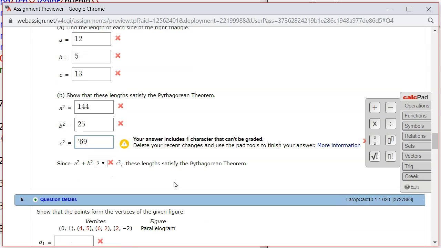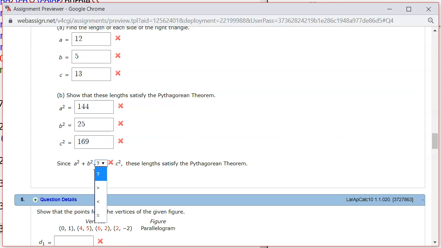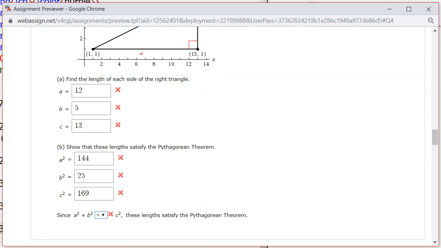So as you can see, a squared plus b squared, which is 144 plus 25, is 169. So it means that a squared plus b squared is equal to c squared, which satisfies the Pythagorean theorem.